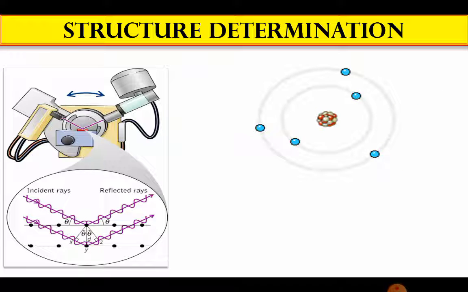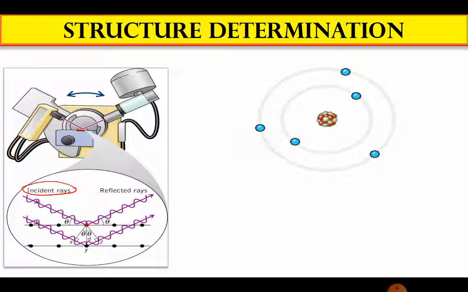When the incident radiations strike the sample, they interact with the atoms on the surface of the solid system and get reflected, and that method is called the diffraction method.